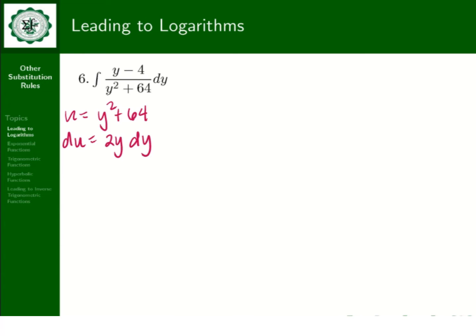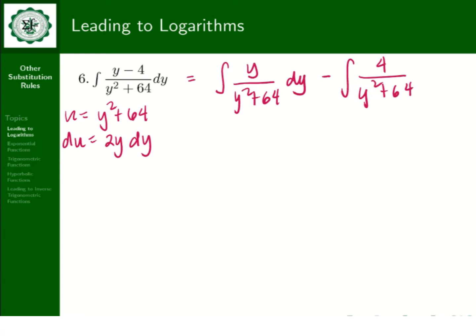So what we are going to do here is separate the two terms in the numerator. This results in y over y squared plus 64 dy, and then minus 4 over y squared plus 64 dy. For the first term, the substitution will be incorporated.